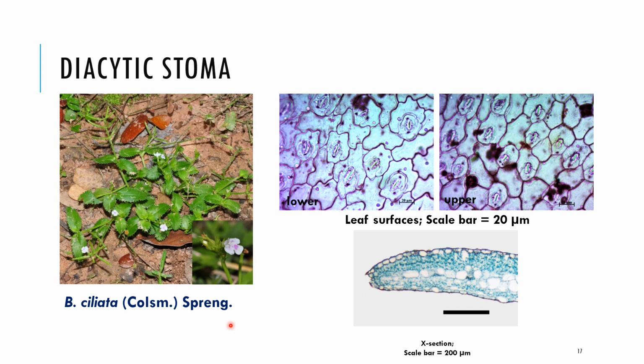Both sides of the surface are very clearly diacytic stomata, and you can see the transverse section. It is a single layer of epidermal cells.